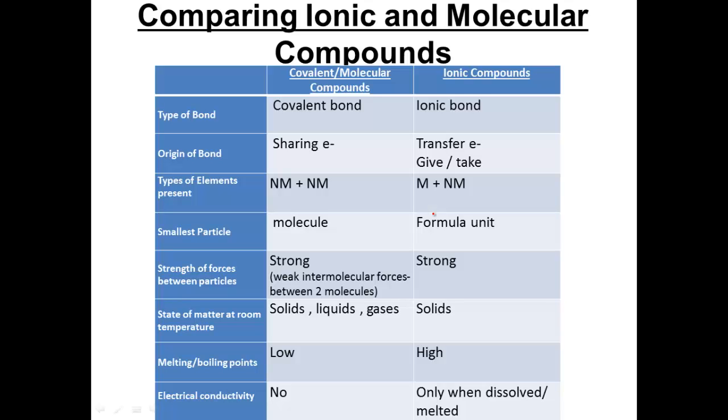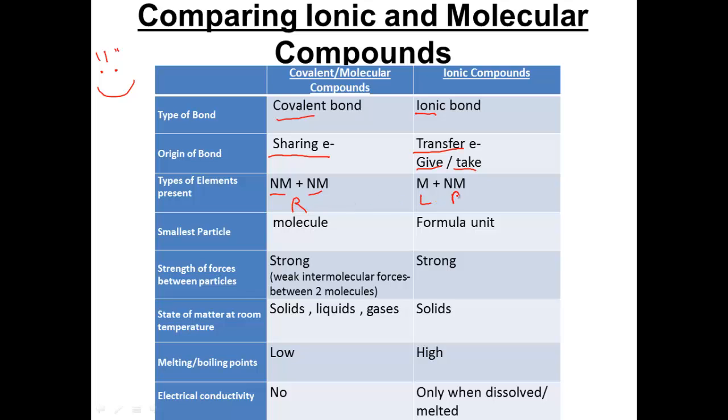So for some good comparison, we'll need to know this chart. Type of bond: covalent bond makes covalent compounds, ionic bonds make ionic compounds. We share electrons for covalent. There's a give, take, or transfer of electrons in ionic. Types of elements: nonmetal, nonmetal, both on the right-hand side of the periodic table.